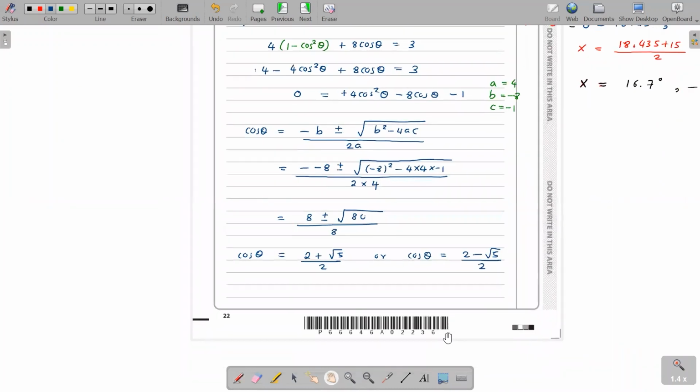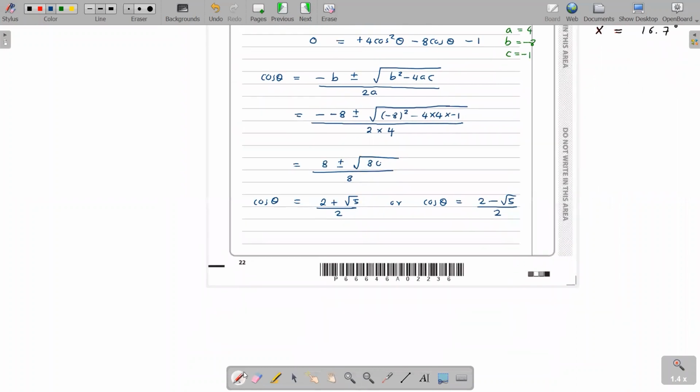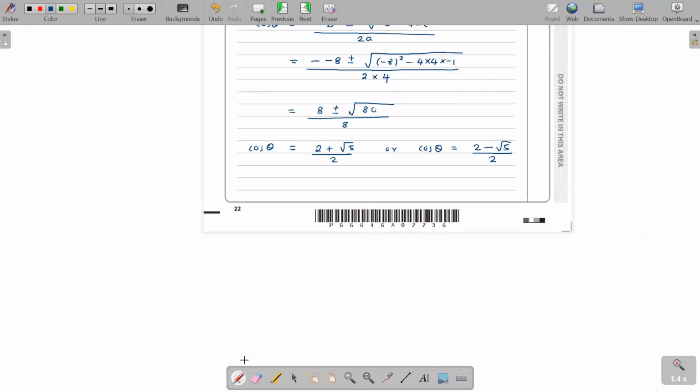Okay. So now let's get the cos inverse. So let me take it down over here. Cos theta is 2 plus root 5 over 2. What is the cos theta value here? Can I have a few more digits, because I want to see whether it's positive or negative, basically.